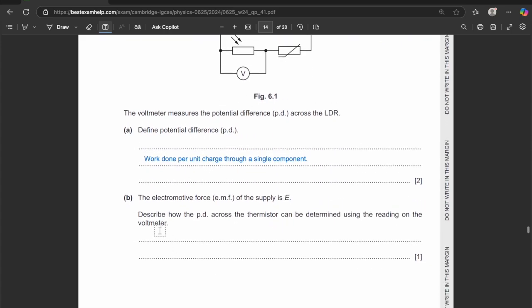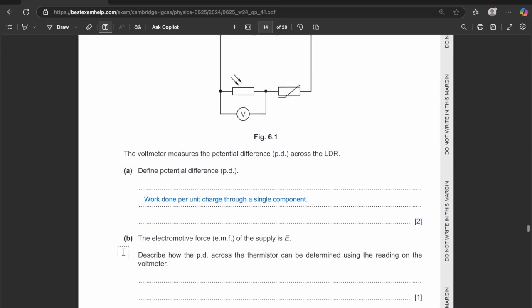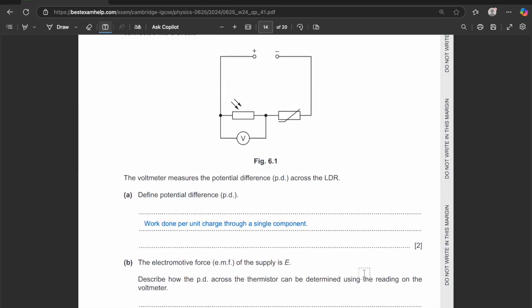So question B, the electromotive force of the supply is E. Describe how the potential difference across the thermistor can be determined using the reading on the voltmeter.